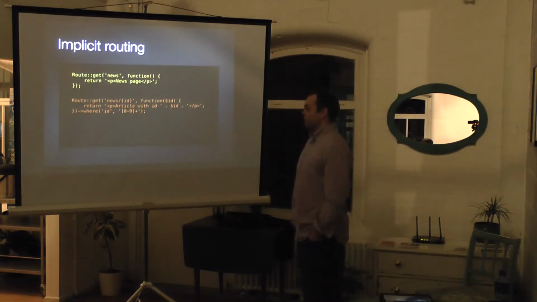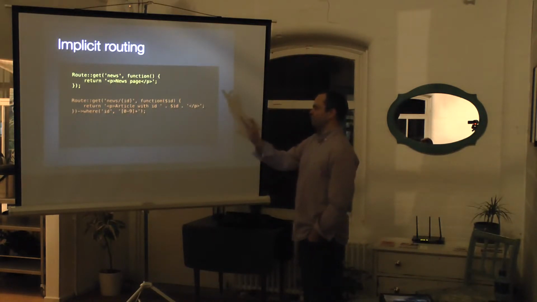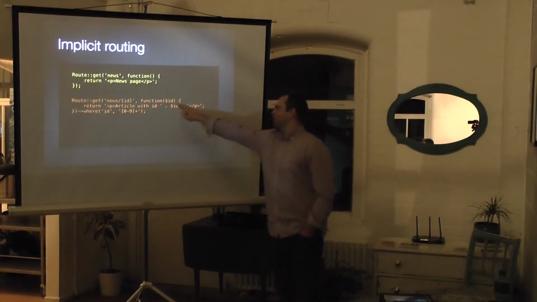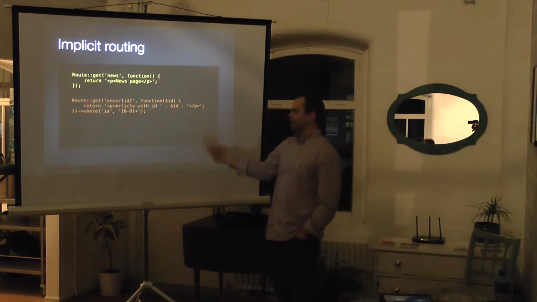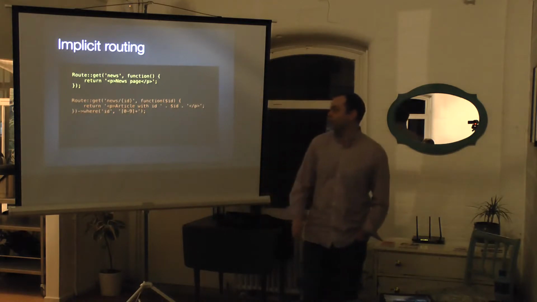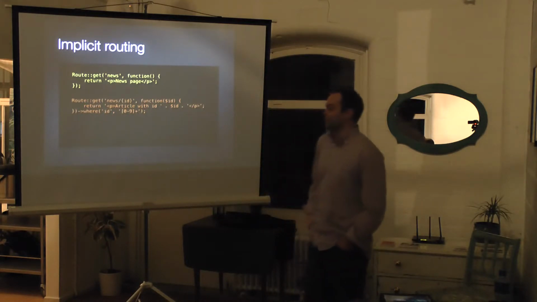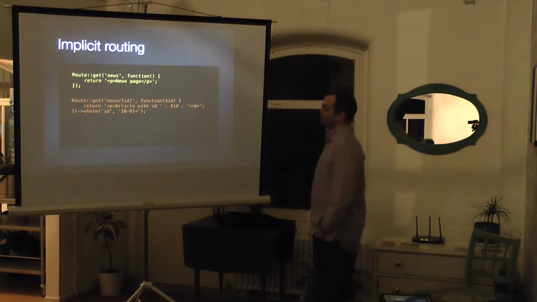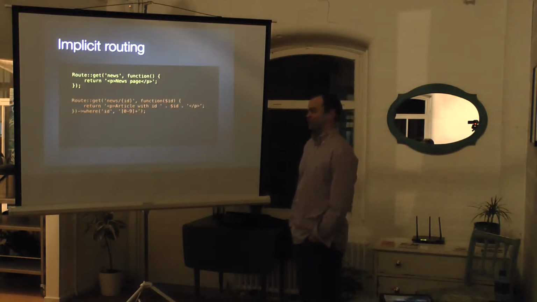In this case, we're passing a parameter in. So we're going to news/ an ID number, passing it through into our closure here, $id, and then returning the article with that ID. So we're displaying that article. We're also adding a filter here. The last line where id is, it's just a regular expression saying this needs to be a number. And if you go to news/abc, it won't match that route.